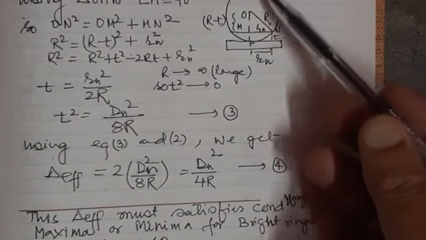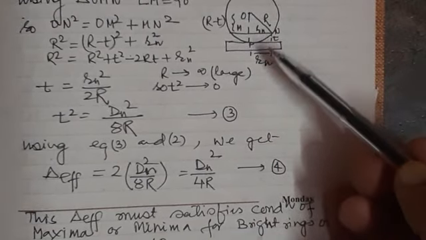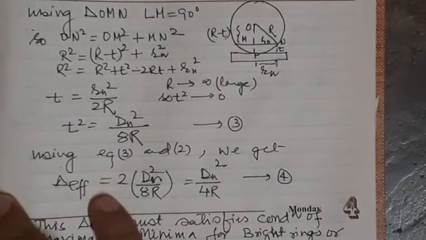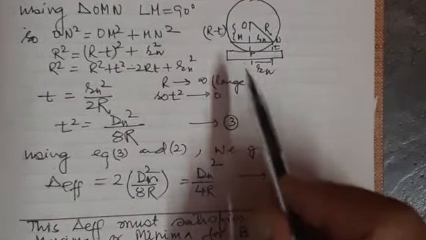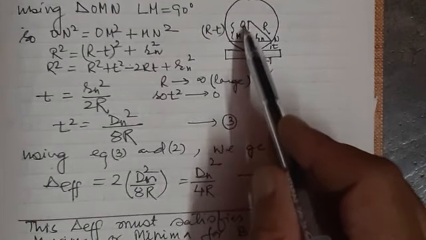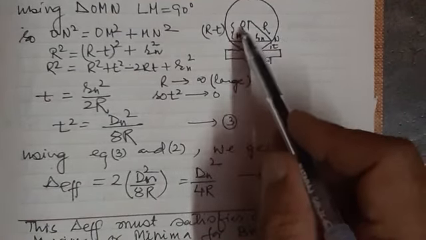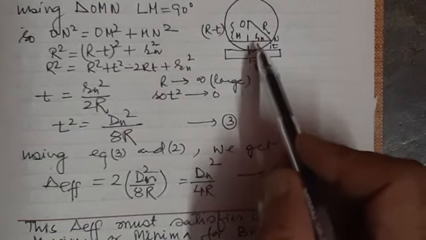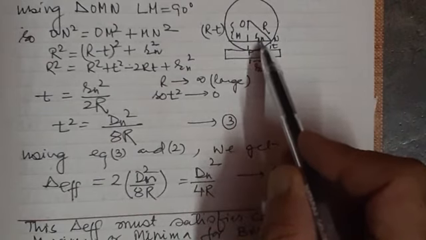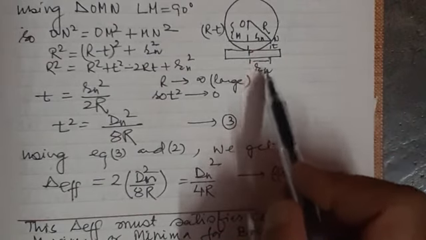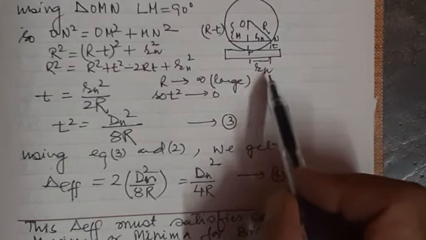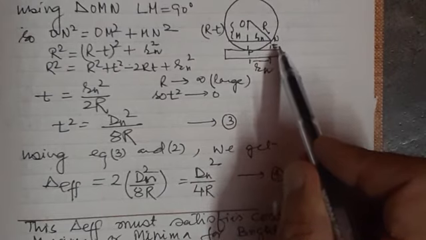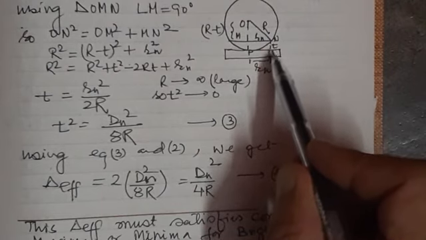Completing the sphere of the plano-convex lens having center O, there is a right angle triangle, that is OMN. OM is equal to R minus t and ON is equal to capital R, and MN is equal to rn. rn is the radius of the particular ring, nth ring, at the point N having thickness t.